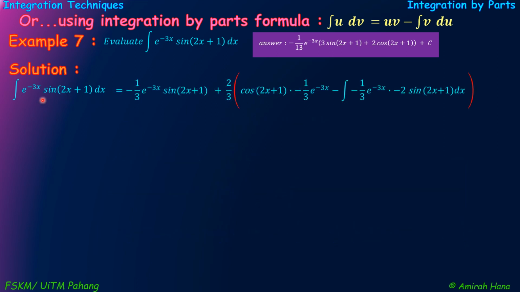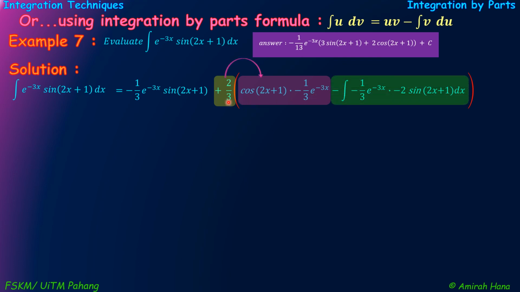From the previous slide, we get this. After that, we need to expand 2 over 3 inside the bracket here. We multiply 2 over 3 with this.